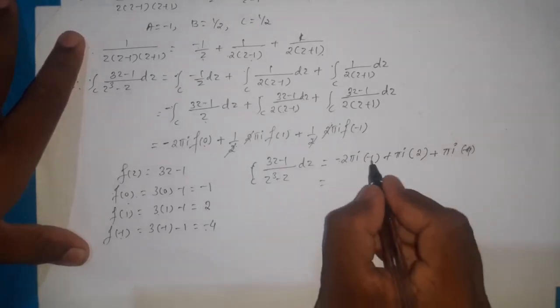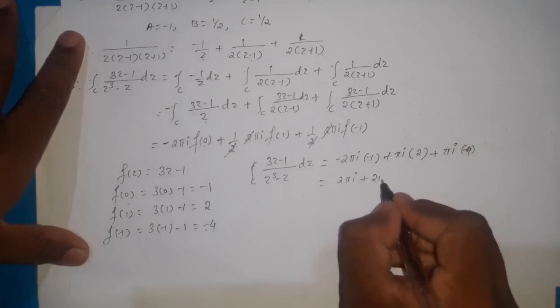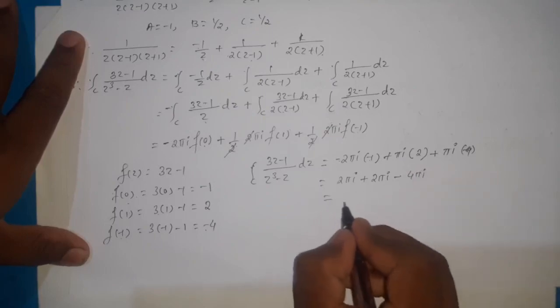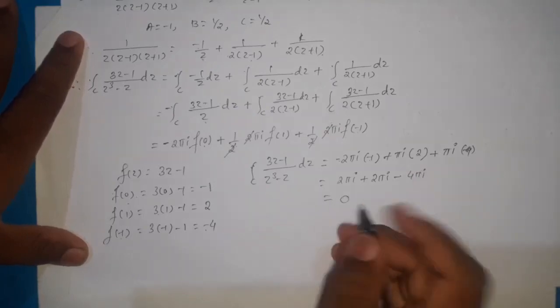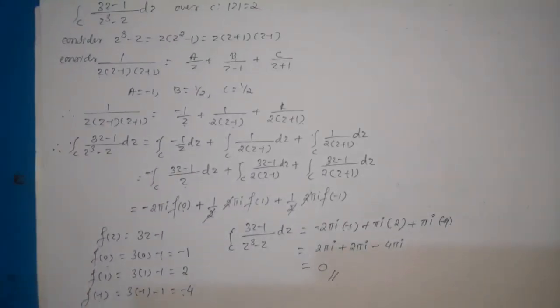So therefore minus into minus becomes plus 2 pi i, plus 2 pi i, minus 4 pi i. So its total value is 0. Therefore this is the value of the given integral. Here we have not calculated each integral separately; we have applied Cauchy's integral formula directly, so that becomes very easy to apply.